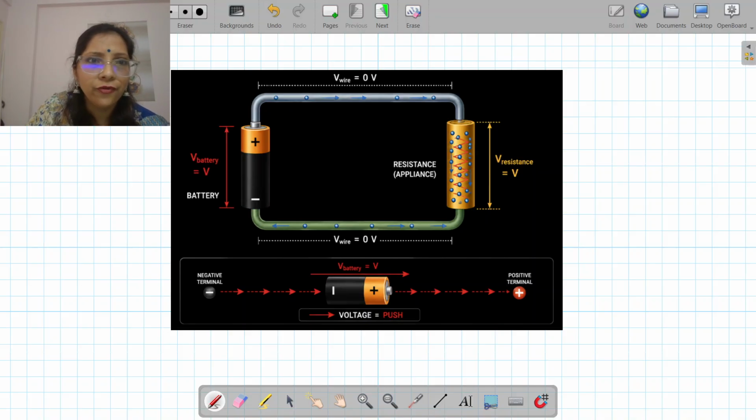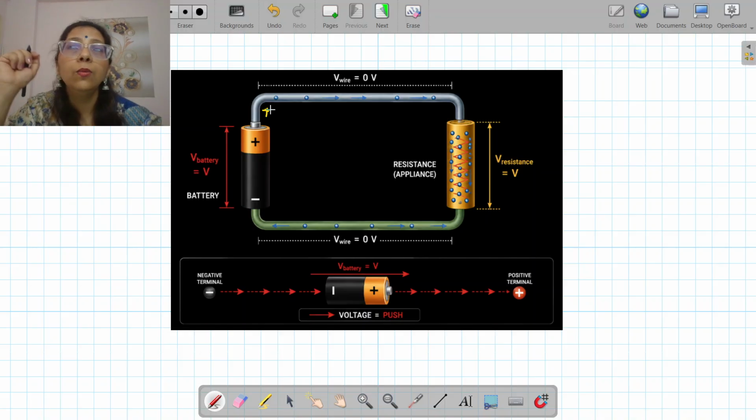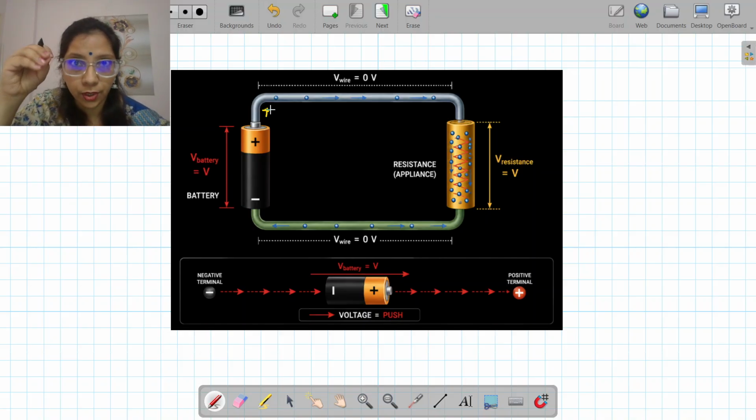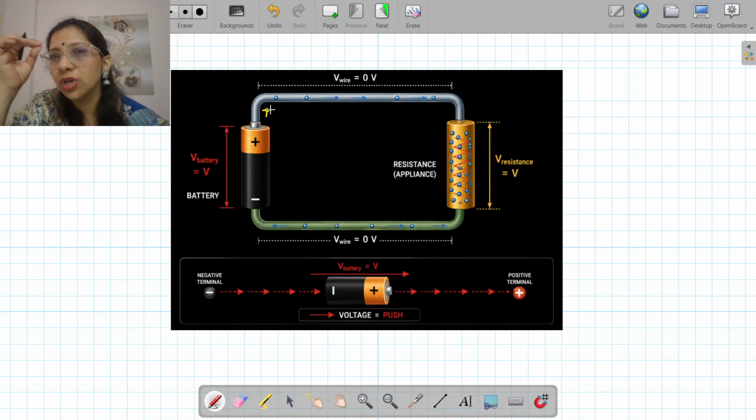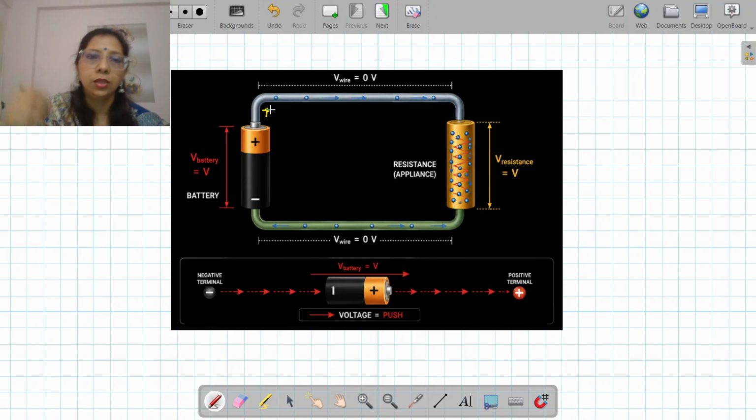For the sake of simplicity, we will consider conventional current, which means the positive charges are the ones which are flowing. All right. So I'm assuming the positive charges are flowing in this circuit. The moment the switch is turned on, at that instant, the wires are empty and the battery is eager to push the positive charges out of itself into the wire.